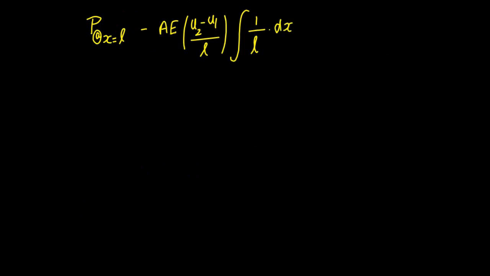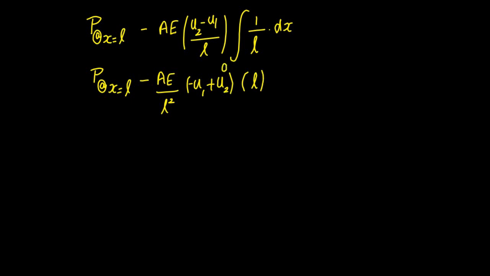So I can write this expression as the load at x is equal to L minus AE over L square into (minus U1 plus U2), and if I simply integrate dx, I'll be getting L for the limit 0 to L.